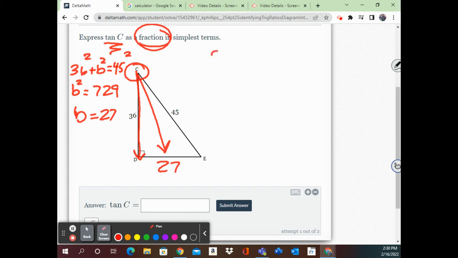So then we have 27 divided by 36, right? I want to break this down a little bit further. I do know that 27 is 9 times 3, right? 36 is 12 times 3, right?